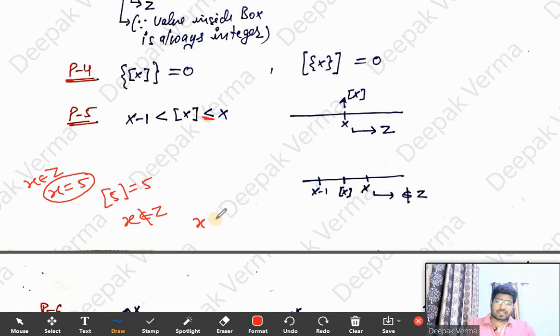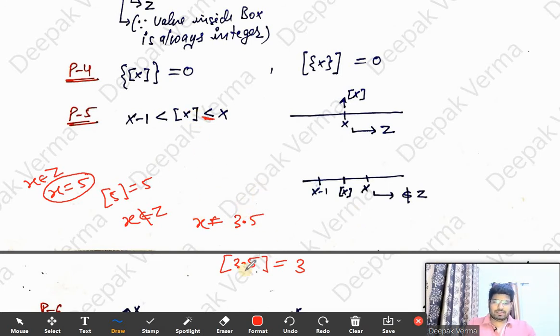When x is not an integer, let us take an example. Let's say x equals 3.5. Then the value of box 3.5 will be 3. So what's happening over here?